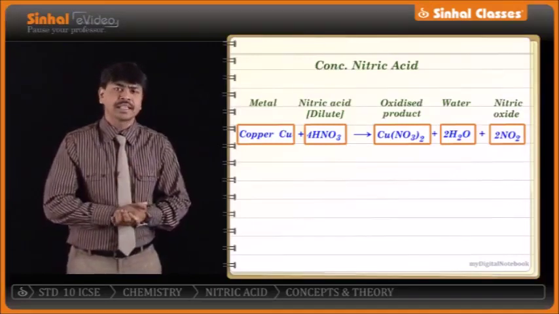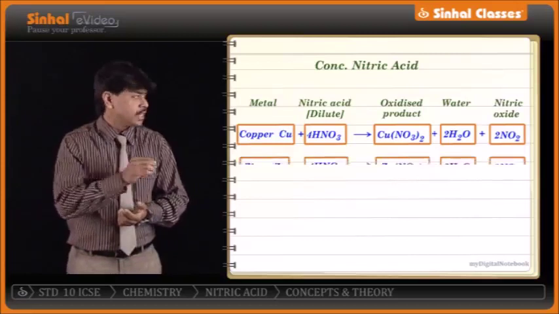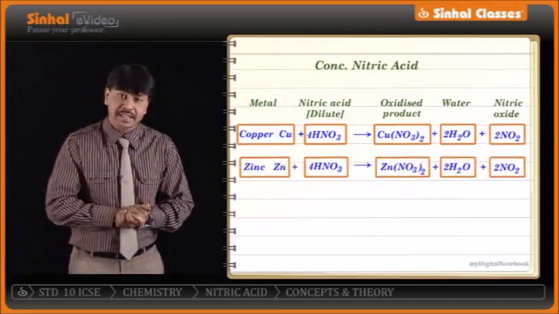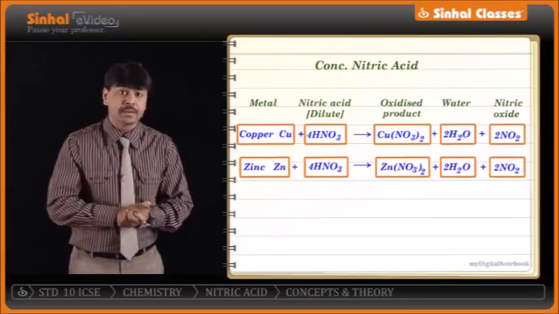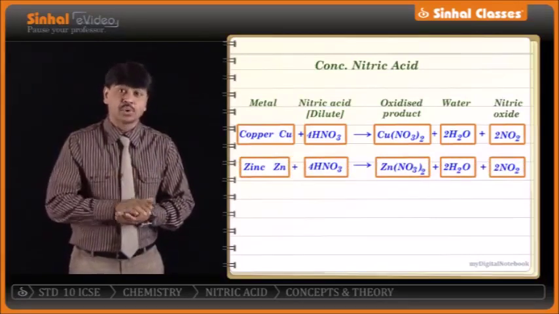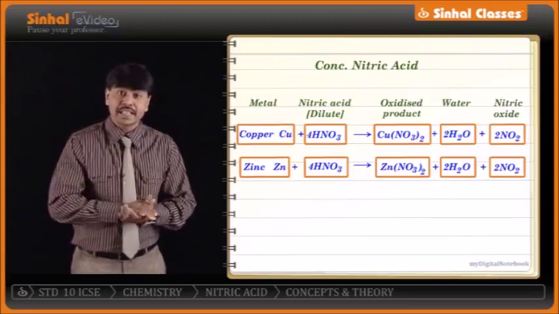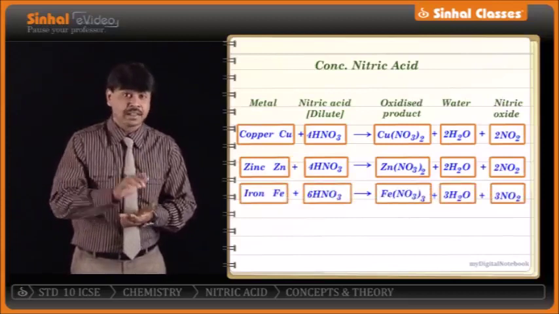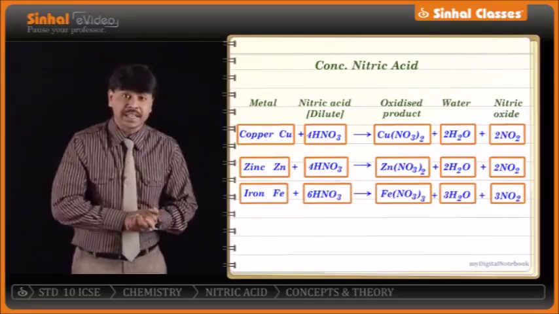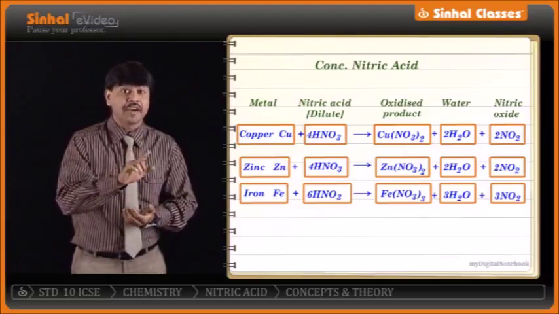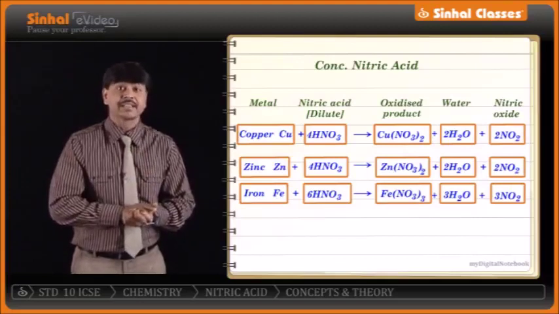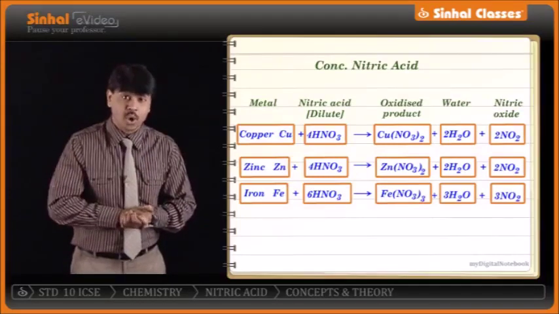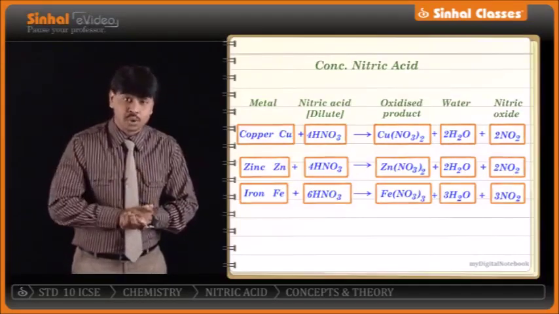Similarly, zinc treated with concentrated hot nitric acid will give you zinc nitrate plus water plus NO2 gas. Again, iron treated with hot and concentrated nitric acid, but this time you will get ferric nitrate, Fe(NO3)3, plus H2O plus NO2 gas.